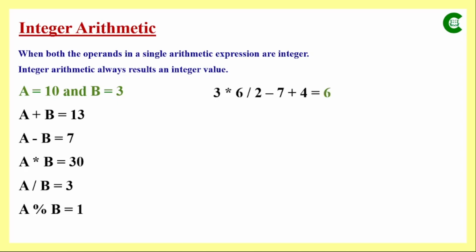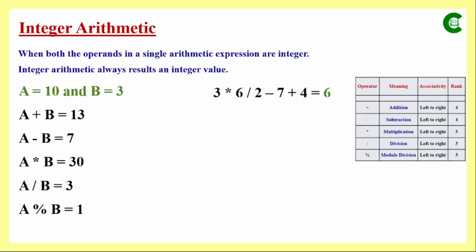Now the next operation, where we have 4 operations: multiplication, division, subtraction, and addition, and we have 5 operands. Then how to perform this? In the previous slide we have already seen this table, where in the third and fourth column we have seen the associativity and rank. There I haven't talked about it.